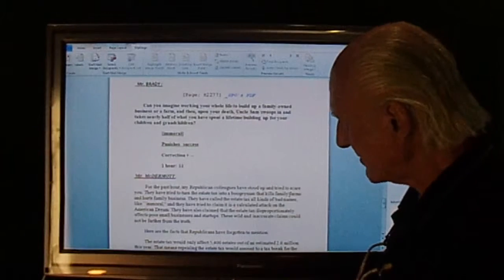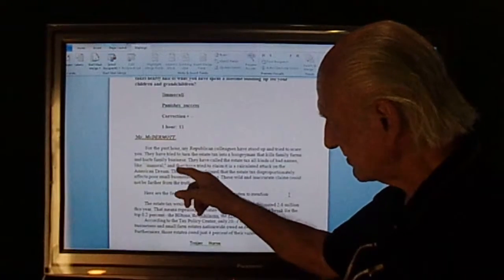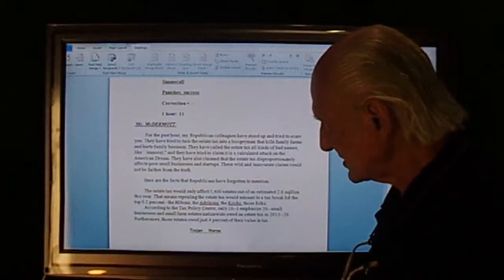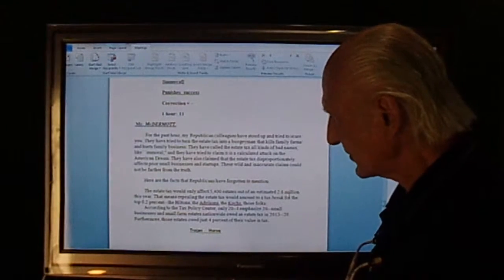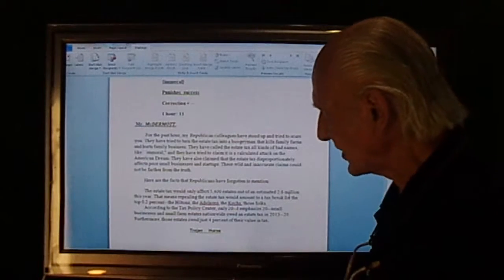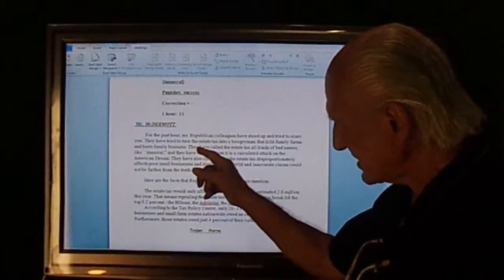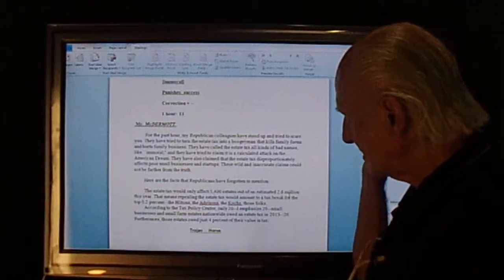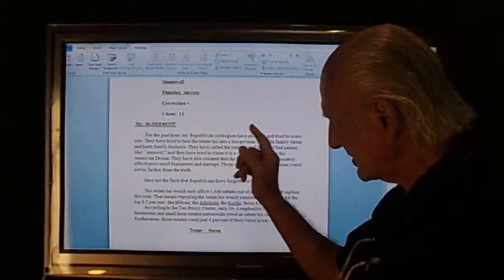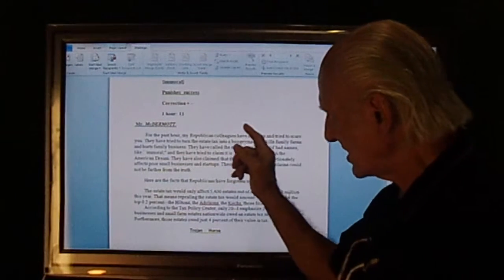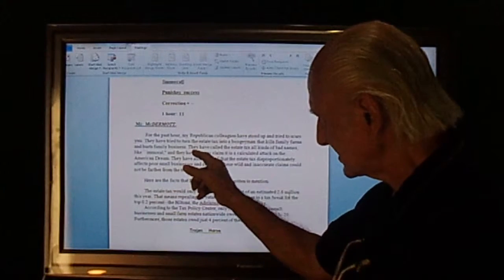Now, I'm going to go down here next to Mr. McDermott. That's Jim McDermott. He's a Democrat from Washington. And here's his reply. For the past hour, my Republican colleagues have stood up and tried to scare you. They've tried to turn the estate tax into a boogeyman that kills family farms and hurts family business.